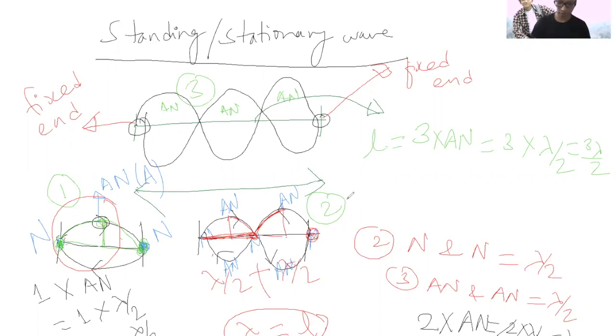If we want to deal with nodes, this is the initial position, right? Even though it is a node, it is the initial position. This is the first node, this is the second node, and this one is the third node. So again, 3 nodes, and as we already know, the distance between two nodes is lambda by 2, so again it is 3 lambda by 2, right?